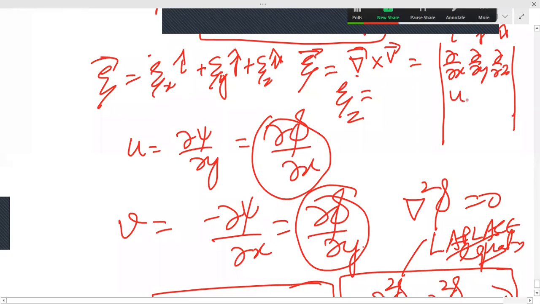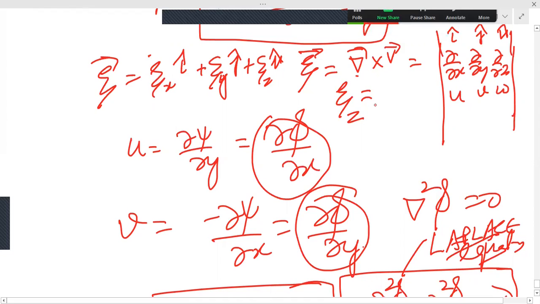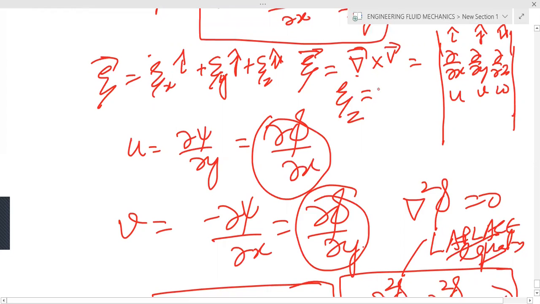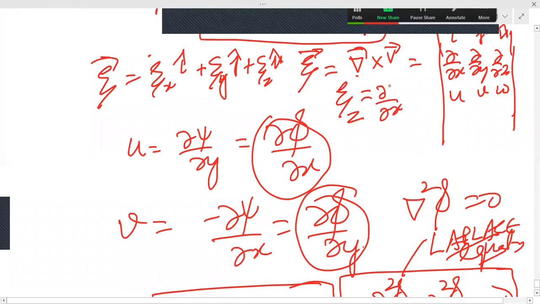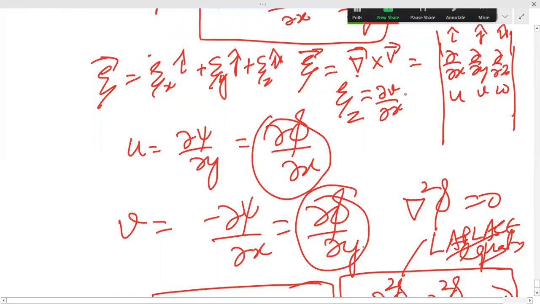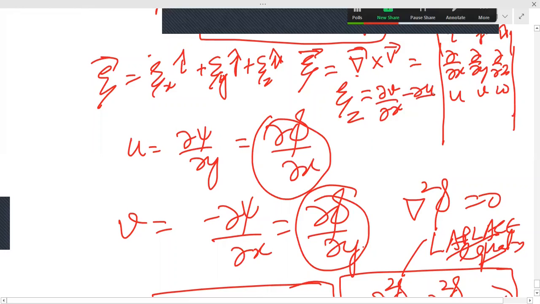And what here? u, v, w. So what will be the value of zeta z? What will be the value of zeta z? ∂v/∂x minus ∂u/∂y.